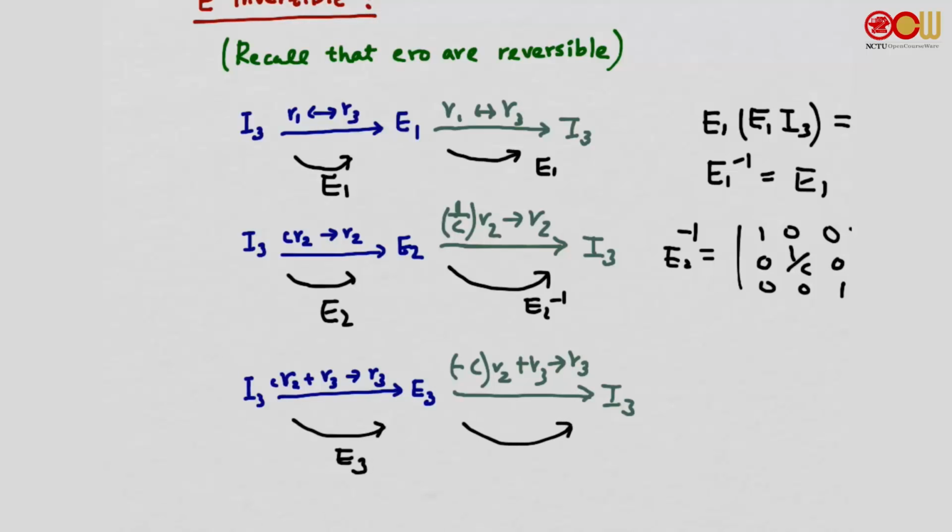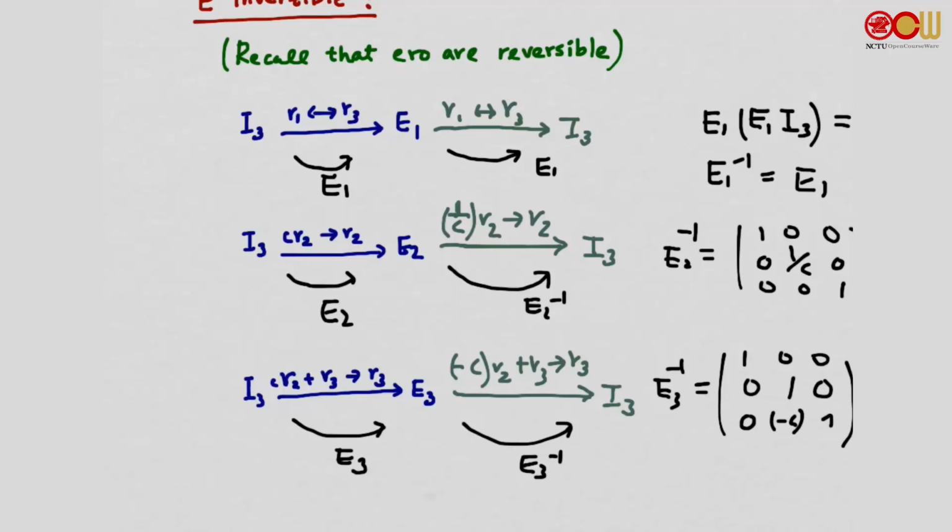This will be E3 inverse. And what is E3 inverse? It looks like this: the first row the same, the second row the same, and for the third row, we add minus C times the second row to the third row.